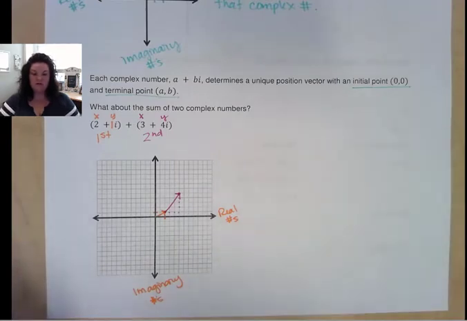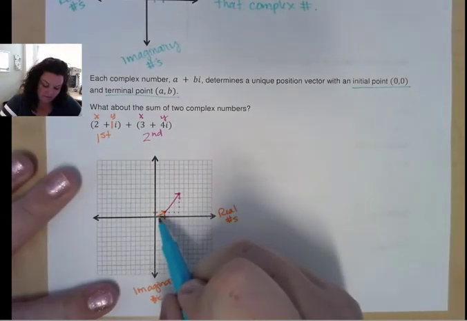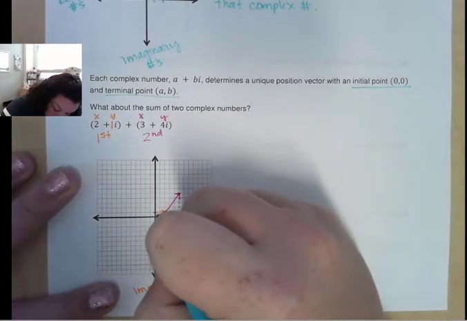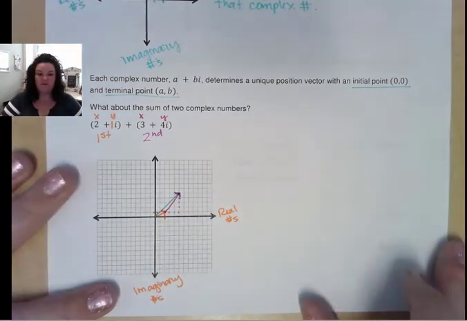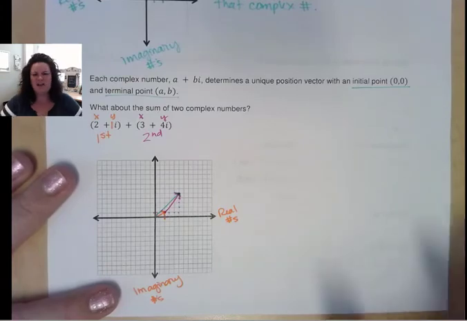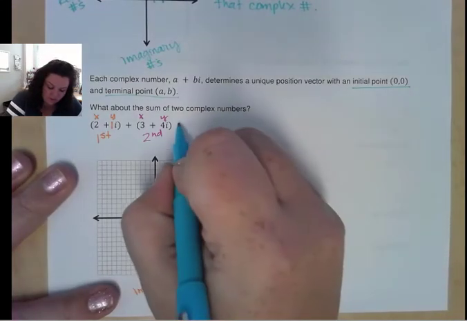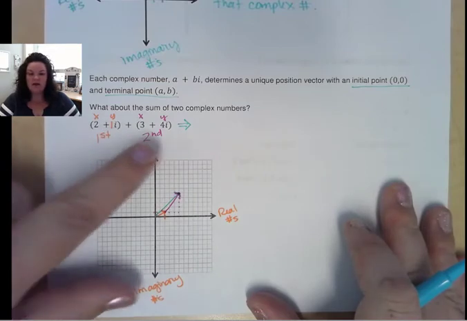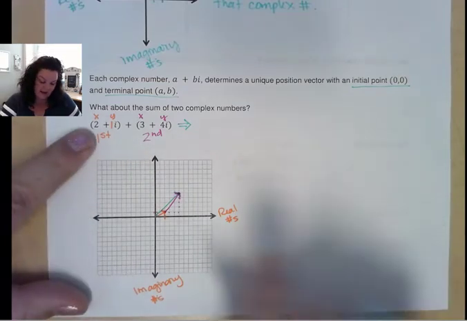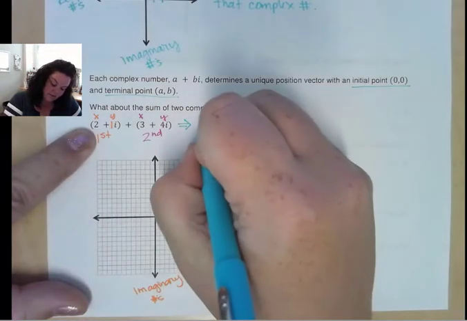In other words, my answer from adding my first vector to my second vector should be this blue vector. Okay, so we're just going to double check it. We've added complex numbers before. We know to add the real number part and add the imaginary part. So if I add 2 and 3, that gives me 5.